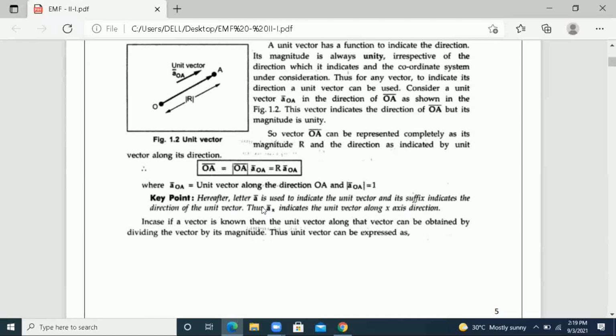AX, or little ax, is a unit vector along the x-axis or x direction.